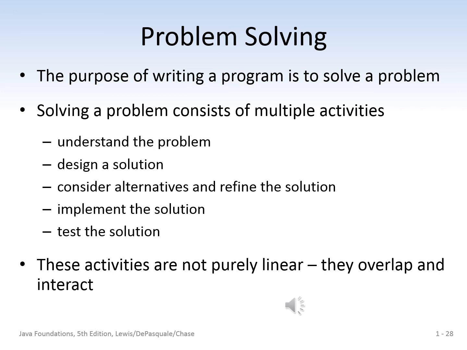We write programs to solve a problem, to generate a solution to a problem. And solving a problem involves multiple steps, which are not purely linear. Some of these are iterative. But first, you need to understand the problem. And then you need to design a solution to the problem. And during that process, you need to consider alternatives, and often an alternative will be identified, and you're back to understanding the problem, designing a solution.